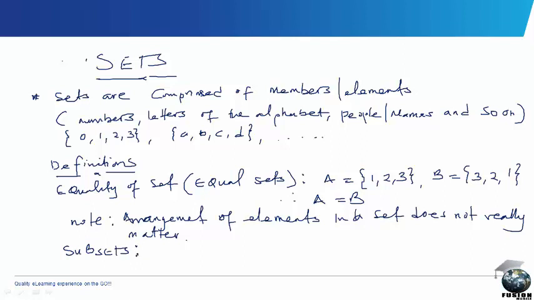Assuming we take set A like in above, a set A is a subset of a set B if everything in A is also in B. Alright, so just like above, we have A equal to elements 1, 2 and 3, and B is comprised of elements 3, 2 and 1.